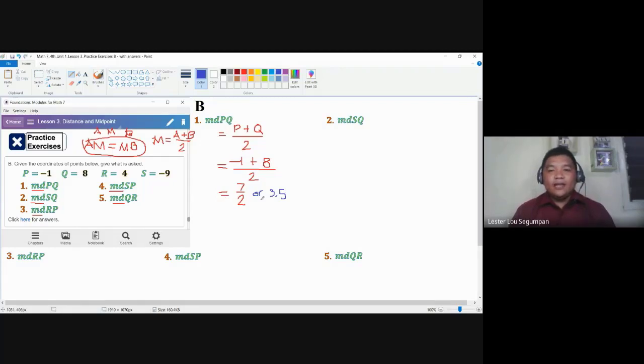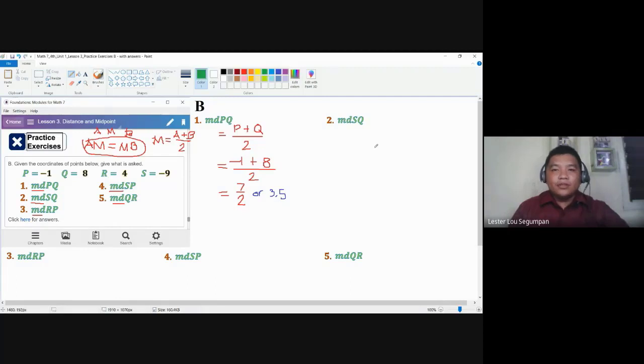What we're going to follow is we are going to accept both of them. Take note that 3.5 is also a real number. It's the equivalent value for 7 over 2. Since both of them are real numbers, and we do have the ruler postulate which tells us that any point in a line could be in one-to-one correspondence with a real number, we are going to accept both. Both of them are acceptable and considered a correct answer.